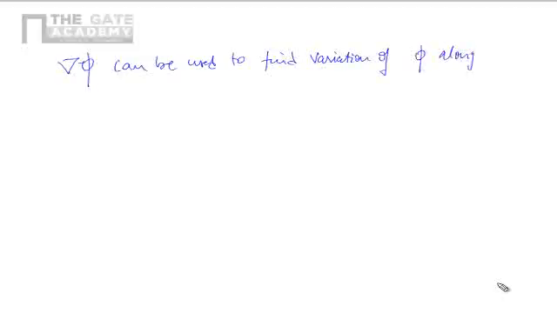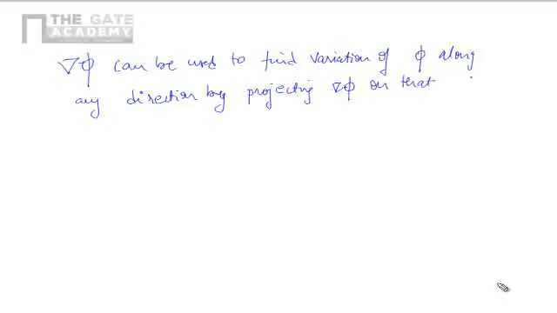Now, as we saw in the previous page, the meaning of del phi: del phi can be used to find the variation of phi along any direction by projecting del phi on that vector, correct, on that vector.